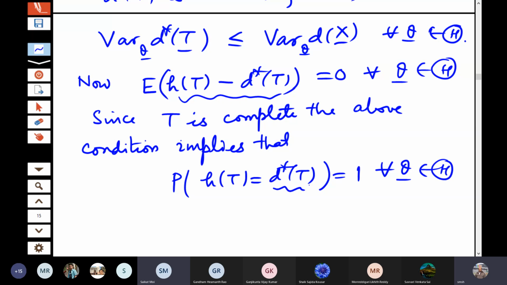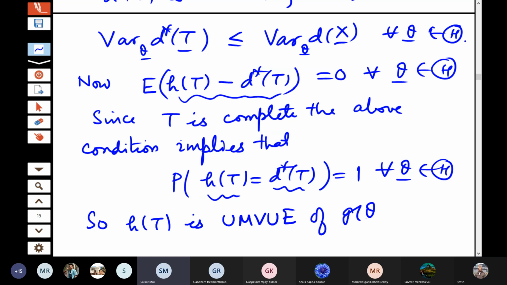So d* and h(T) are the same, so h(T) is the UMVUE of g(theta). This greatly simplifies the problem of minimum variance unbiased estimation.